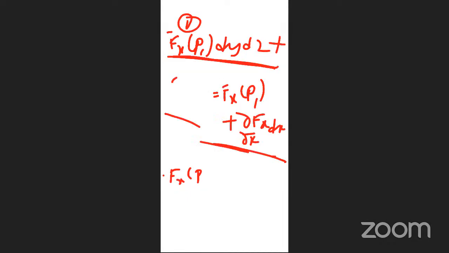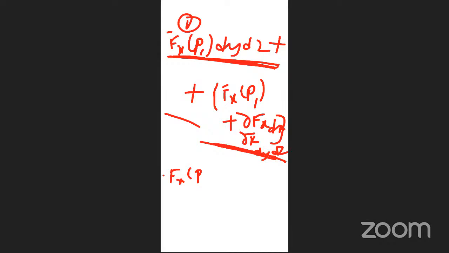So the total flux is minus Fx at P1 dy dz for the left side, plus Fx at P1 plus ∂Fx/∂x into dx, times the area dy dz, for the right side. Here dx dy dz is common.